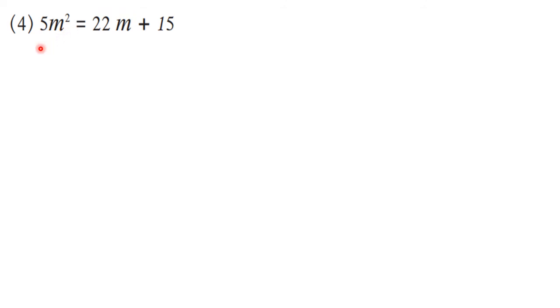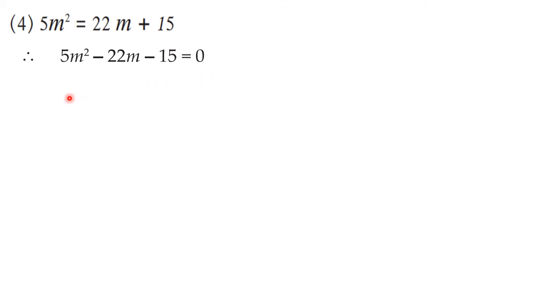So this we can write as 5m square minus 22m minus 15 is equal to 0. See, this plus 22, when we shifted to the left hand side, became minus 22m. And plus 15, when we shifted to the left hand side, became minus 15. And don't forget to write down equal to 0. Now you will observe that the equation is in standard form.